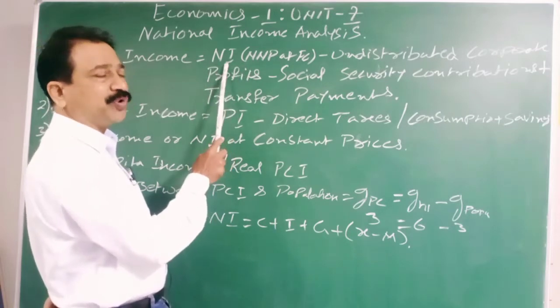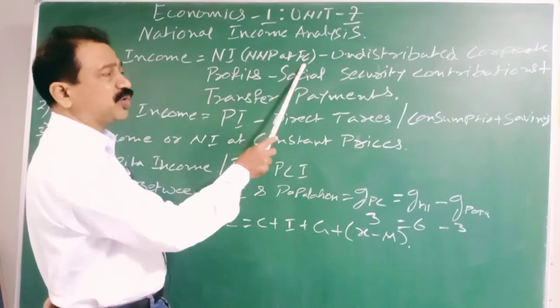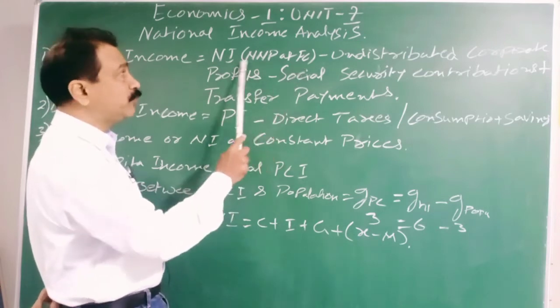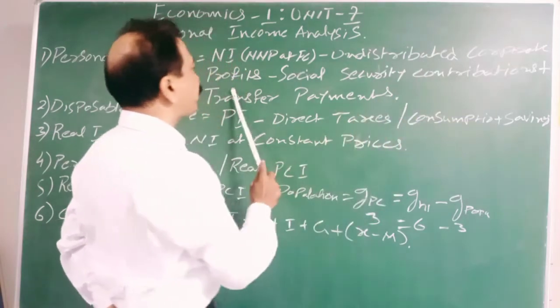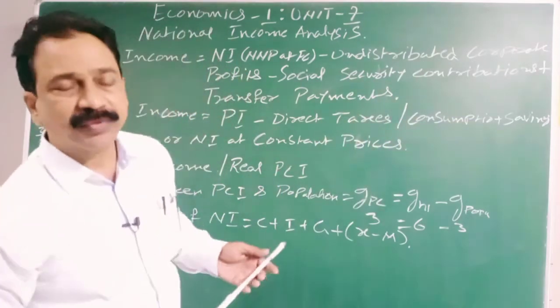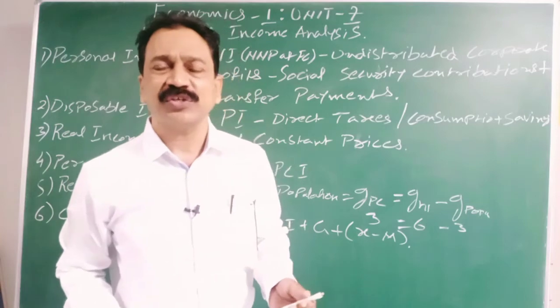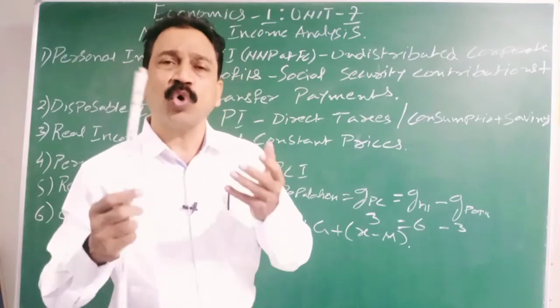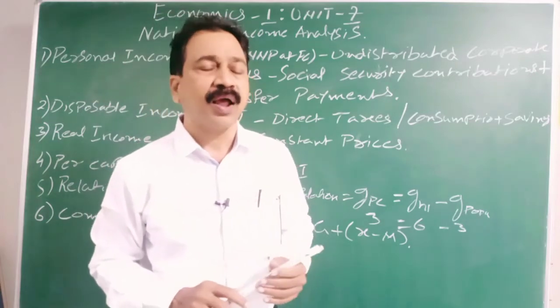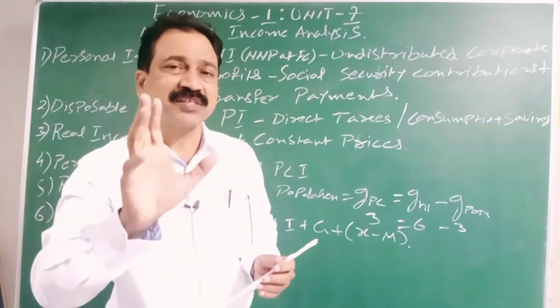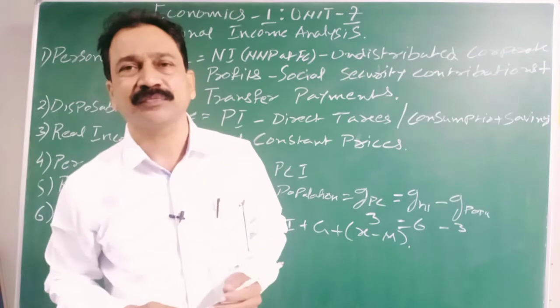It can be called by two names. From this NNP at factor cost, that is national income, we will remove undistributed corporate profits. See, no organization distributes the total income to its shareholders. There is always a risk in the coming future.